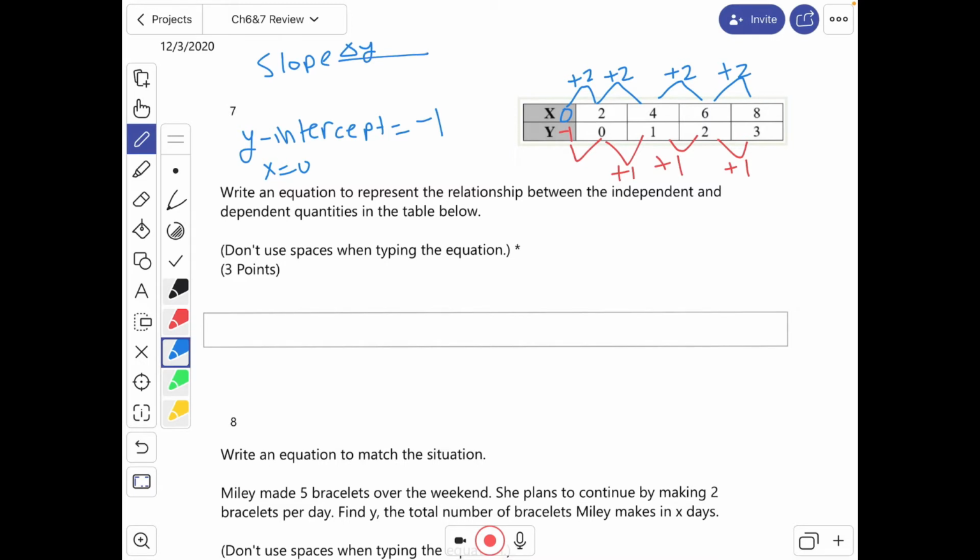Then we need to find the slope. Well, we just found what the y's were changing by. They're changing by 1. And the x's are changing by 2.